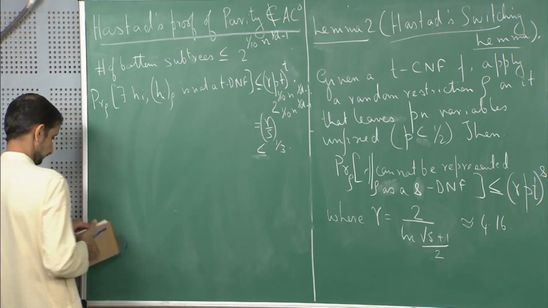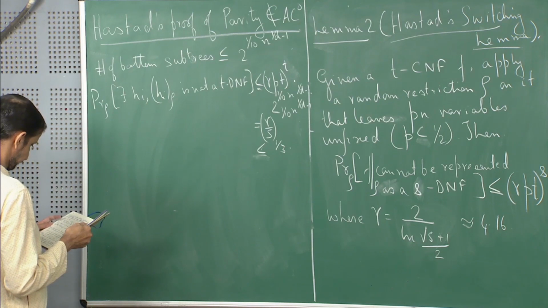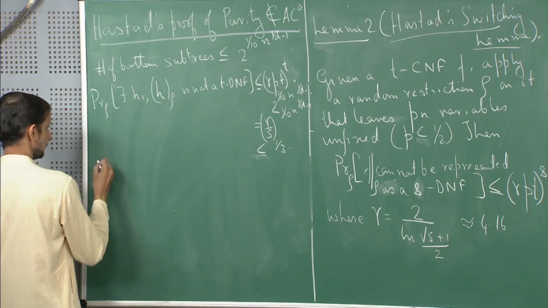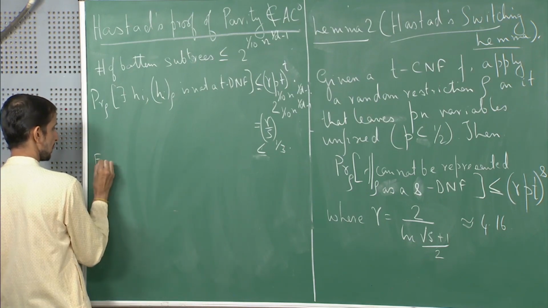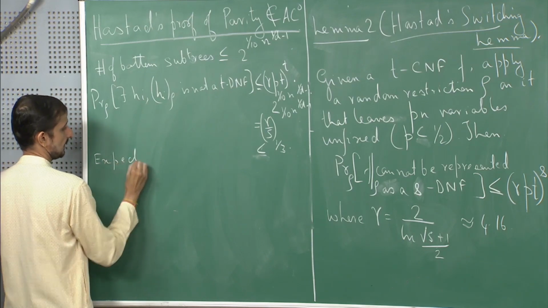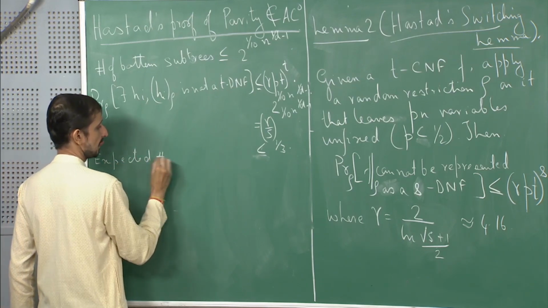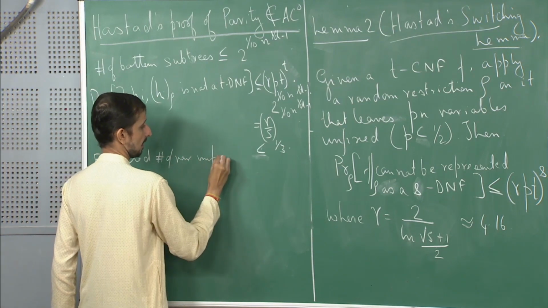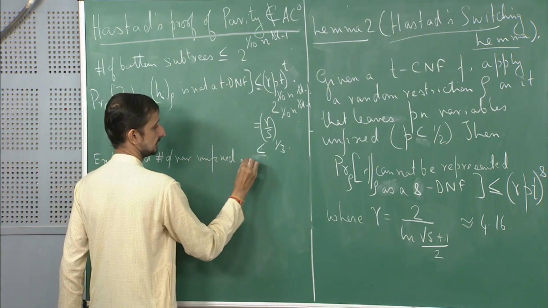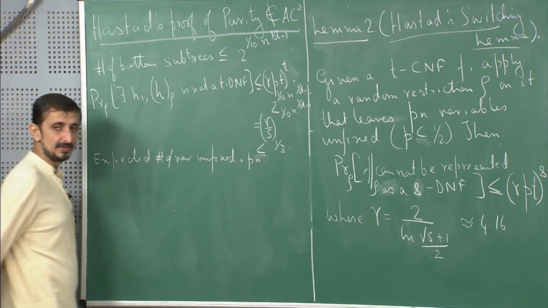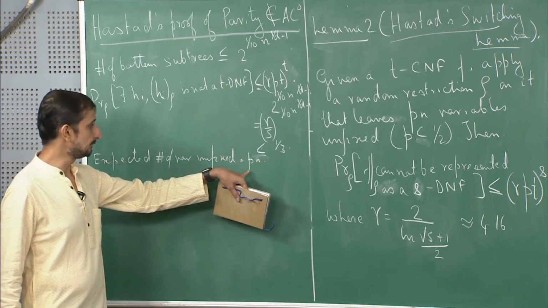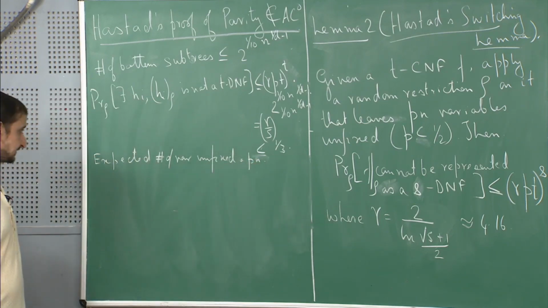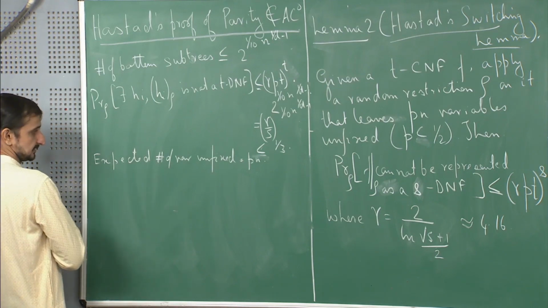Now, the expected number of variables unfixed is p n, because with probability p I am not fixing a variable, so the variable remains unfixed.